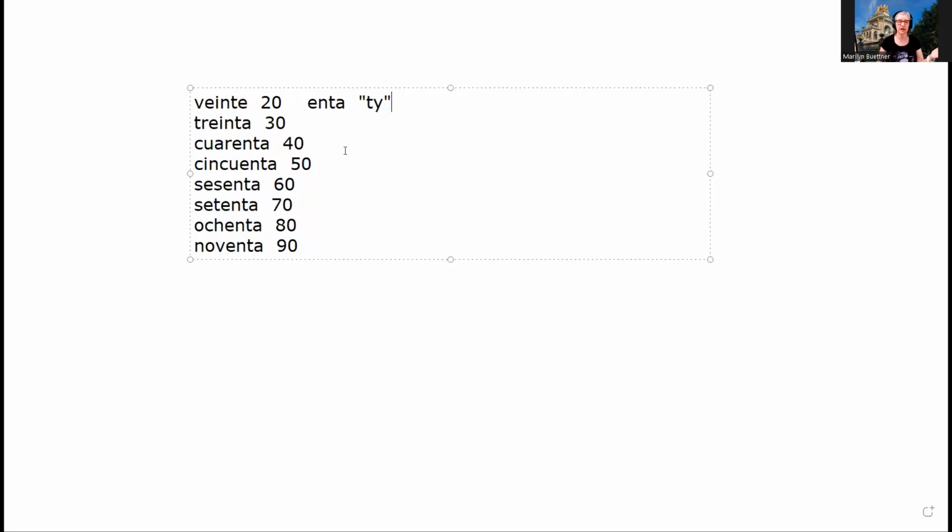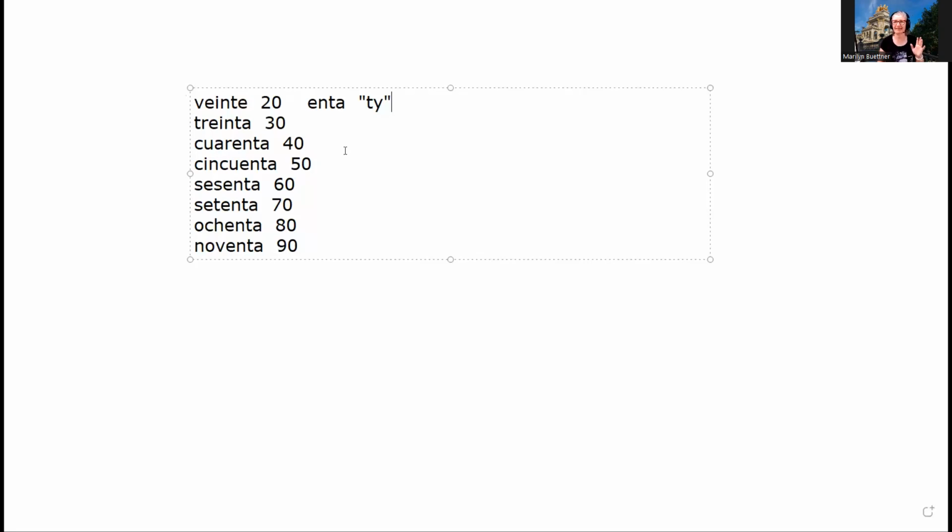So 30 has a basis in 3, 40 has a basis in 4. You have to know to chop off the -tro from 4, right? And we get 40. 50 has a basis in 5, 60 has a basis in 6, but we drop the I in that word 6. So it's just ses, not seis, right?